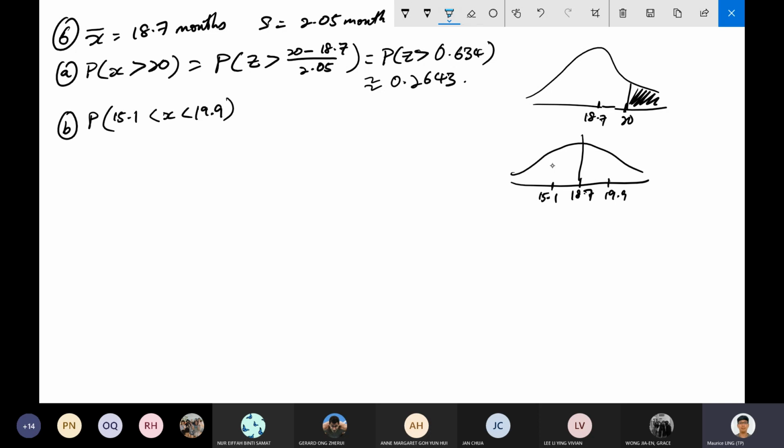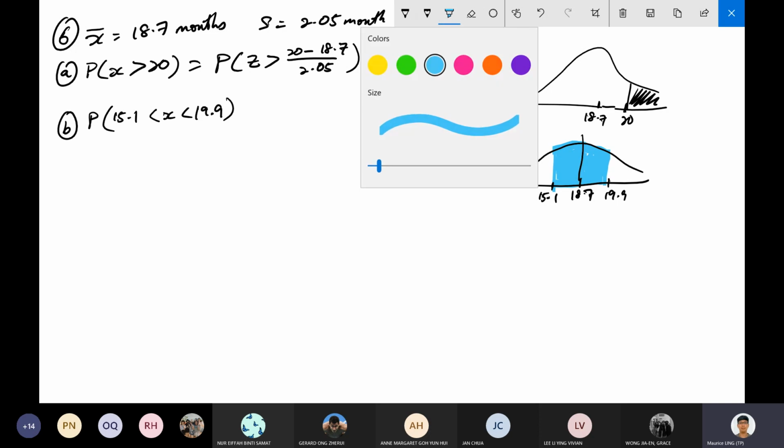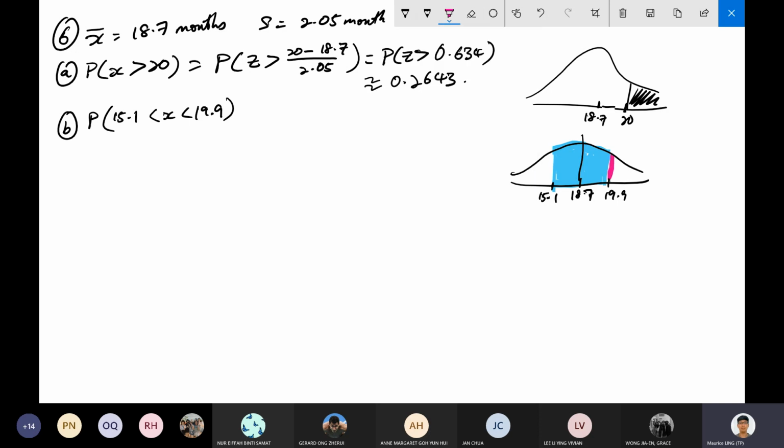So what you want is actually this area here. Okay. So again, what you do is you take 1 minus the other two areas. Right? Okay. So you know that already.